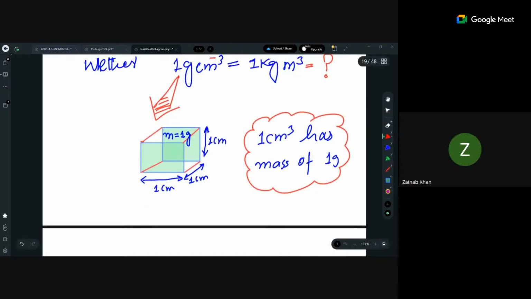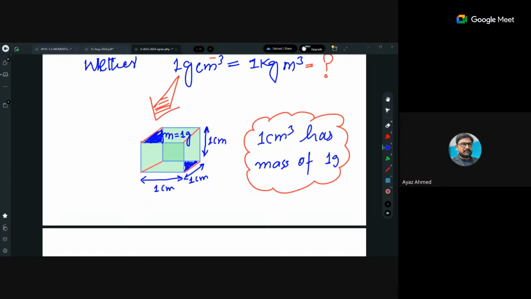Sir, can you explain it one more time? Yes, I'm saying that if I fill this with some material, let's say I place some liquid inside, and it gives you the mass of 1 gram. When it is filled inside, what mass are you getting for this block, whose length is 1 centimeter, width is 1 centimeter, and so on?